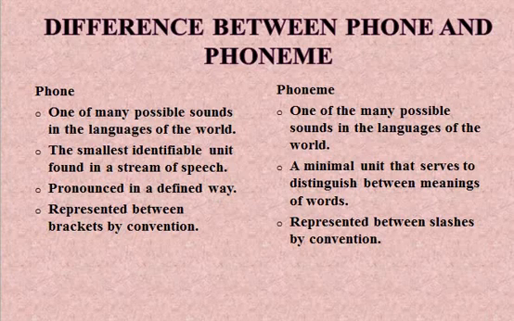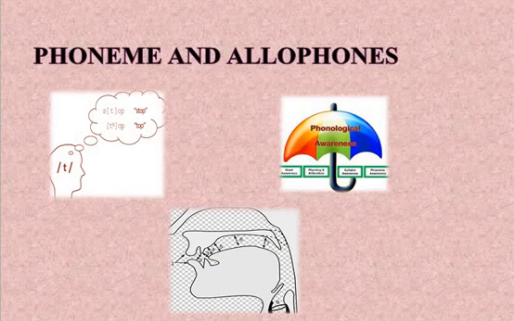A phoneme is a minimal unit that serves to distinguish between meanings of words. A phone is represented between square brackets by convention; a phoneme is represented between slashes by convention.